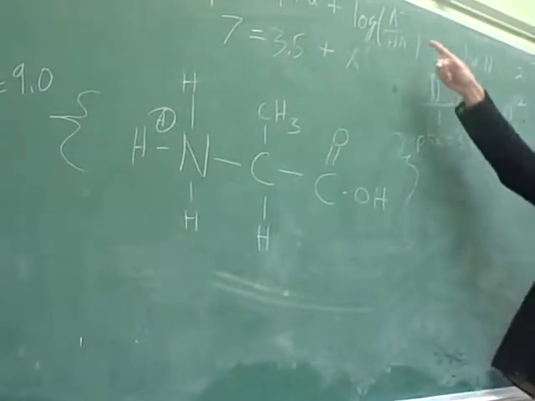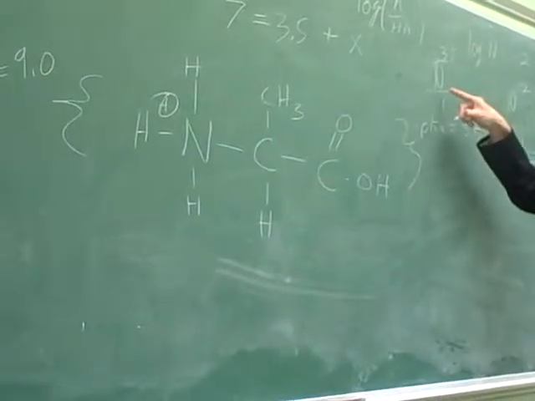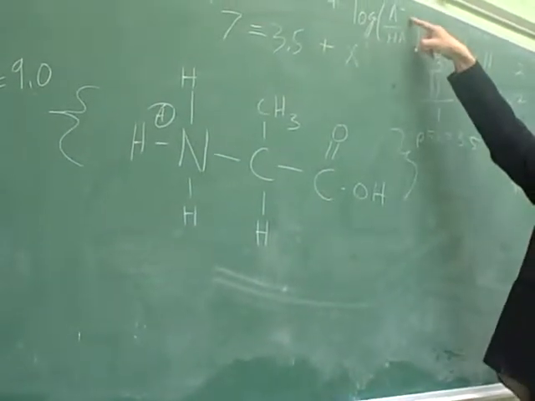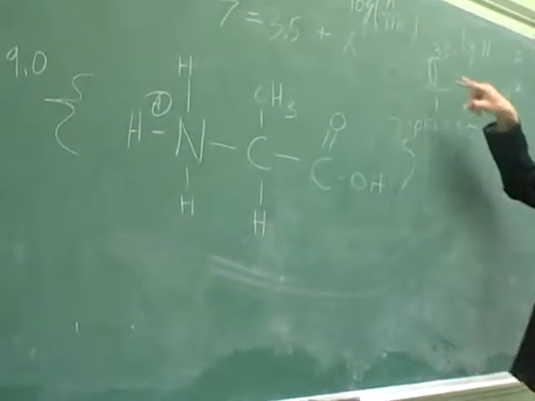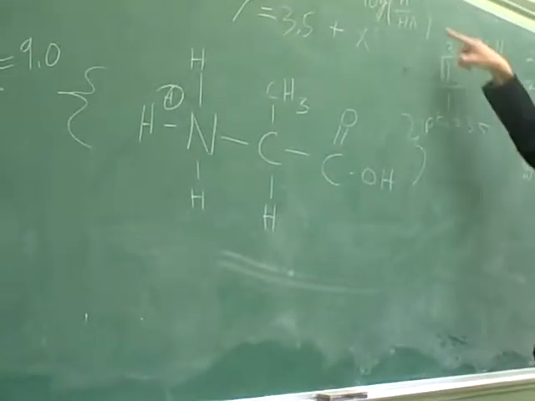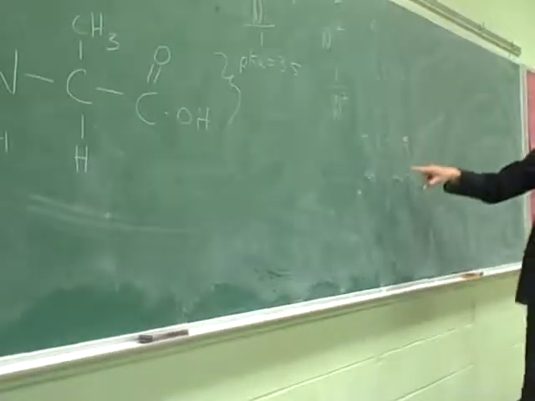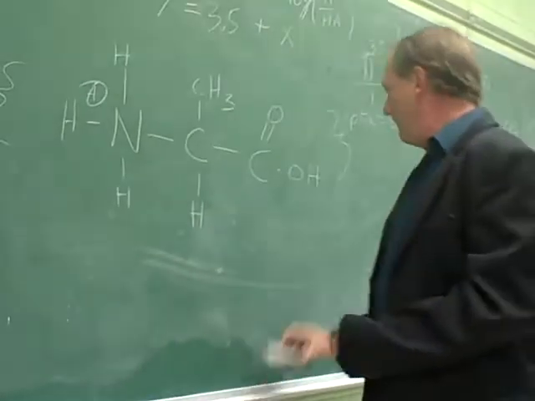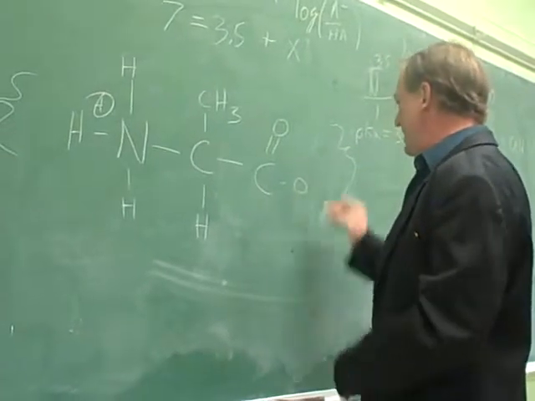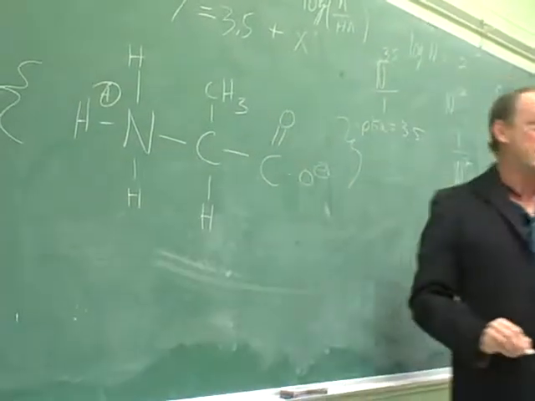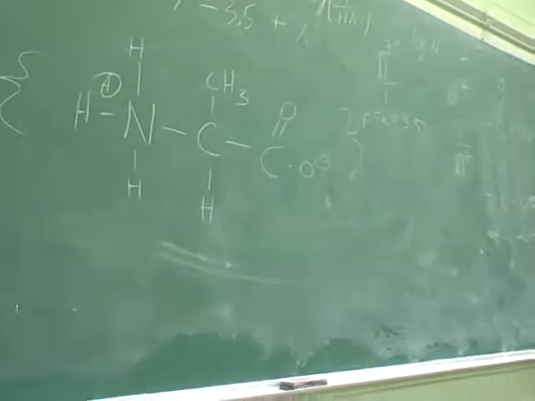So when you're looking at this ratio, which do you have more of, the number at the top or the bottom? The top is bigger, so you have more of this. Which form is this? Unprotonated. So over here, we have to erase that H. And that's what this looks like at pH 7.